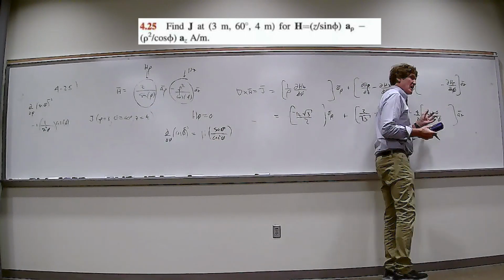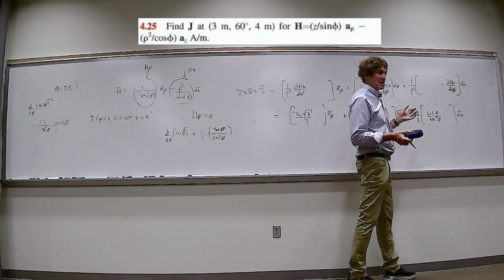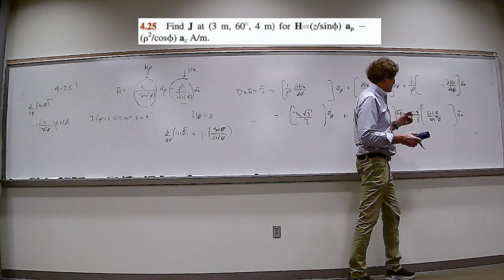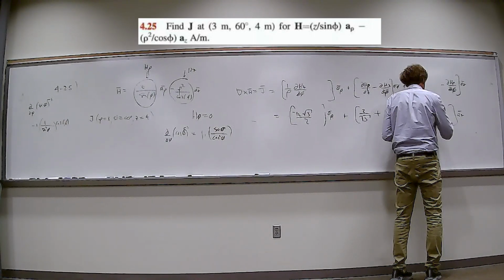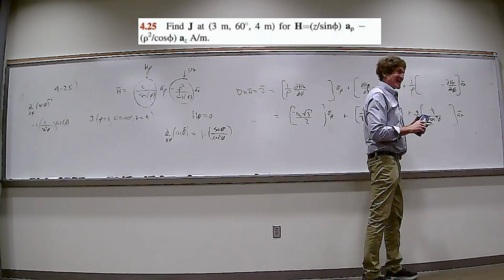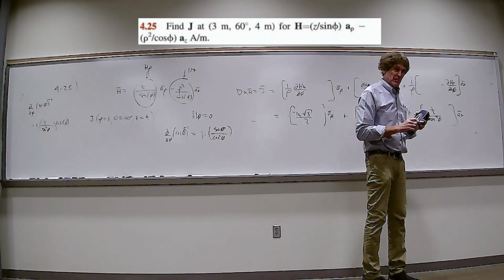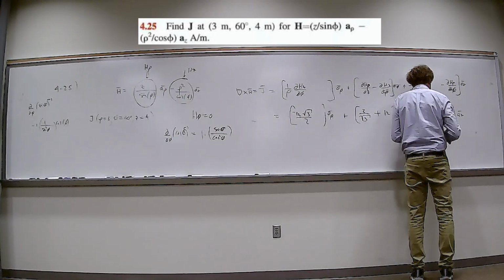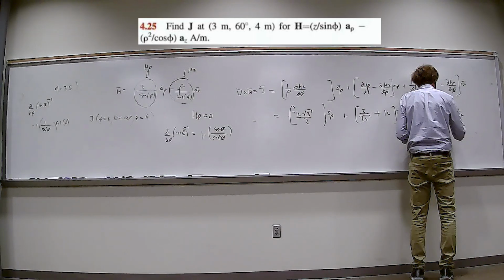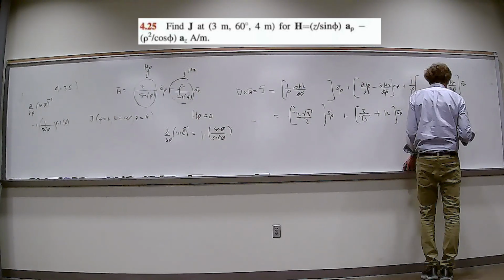And we have cosine of 60 is 1/2. Just going to put it in. The sine of 60 is square root of 3 over 2. If you square that, you get 3 over 4, right? So it's 1/2 times 4/3.